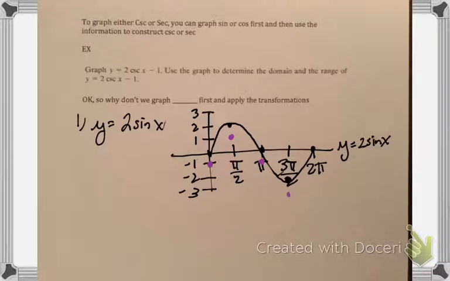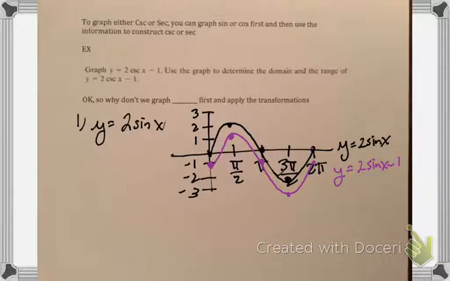And then at 2 pi, it was 0, so it becomes negative 1. So I have a graph here in purple. That is y equals 2 sine x minus 1. Okay, I want the purple graph.